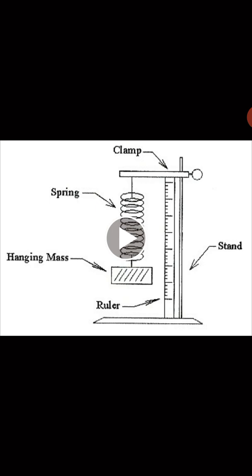He went on adding the weight, the load on the spring, and he noted the extension, that is the increase in the length of the spring, with the help of that ruler which was attached to the clamp. And he made the readings of the increase in weight and the increase in spring. And he saw that as the weight on the spring increases, the length of the spring also increased.